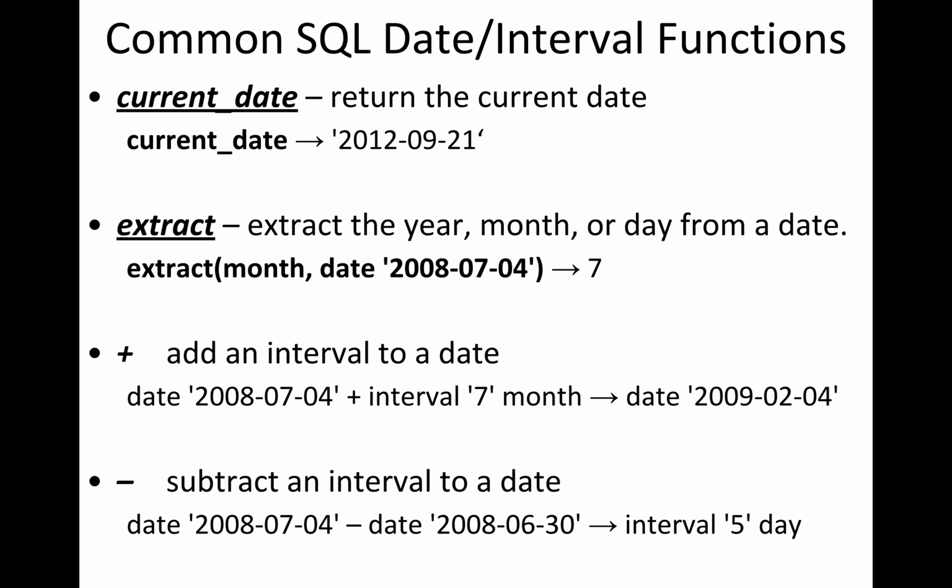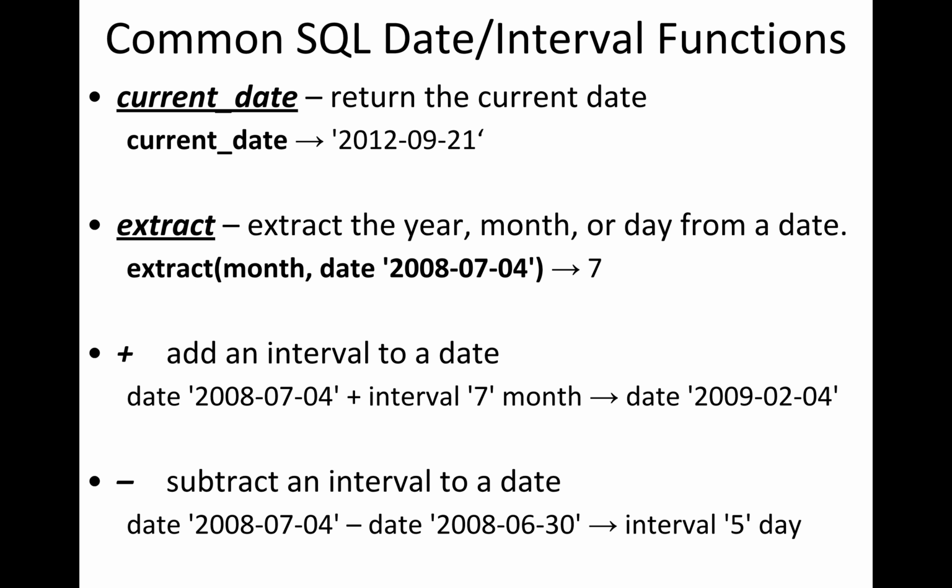Date typically has this format, although it might be different for different vendors, but this is the most common one: 4-digit year, dash, 2-digit month, dash, 2-digit day, represented as a string.